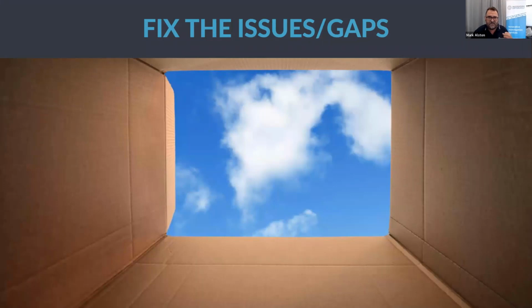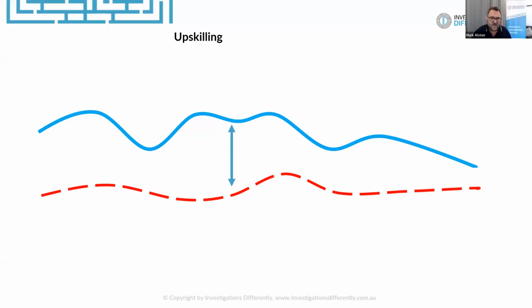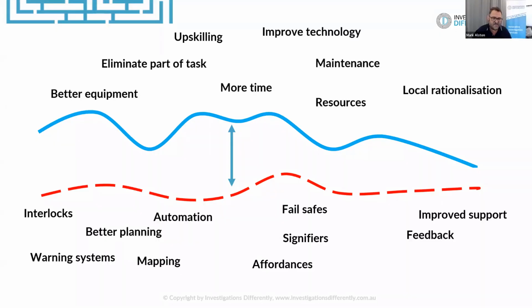So we've found these risks, we've found these systemic issues, we've got down to the deep stuff, right? And we've got to get the right actions. So we go back to the start of this presentation today, and what we talked about was those really simple things. What we're trying to do with our actions, and this is what investigators need to challenge themselves on, is creating the distance between the risk and normal work.